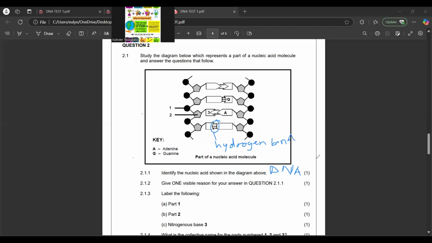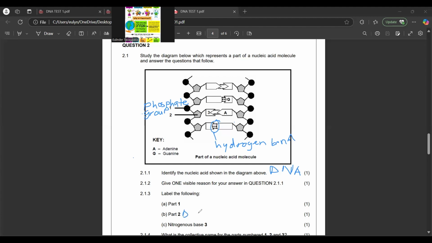Then label the following parts. Part 1, the circle, this one is phosphate group. Right, part 2, because now you know this is a DNA, you cannot just say sugar, because the moment you say sugar, the answer becomes wrong.